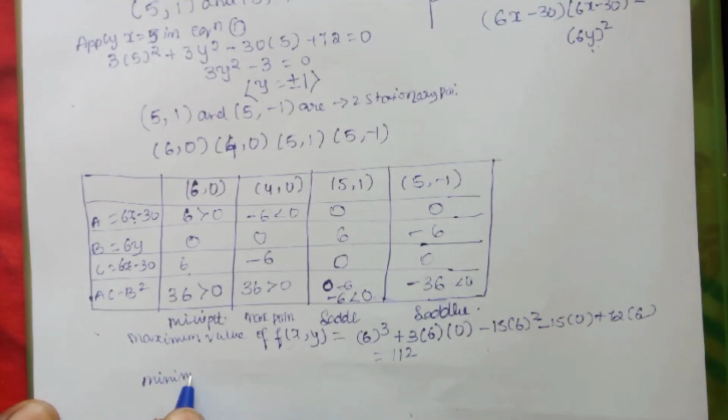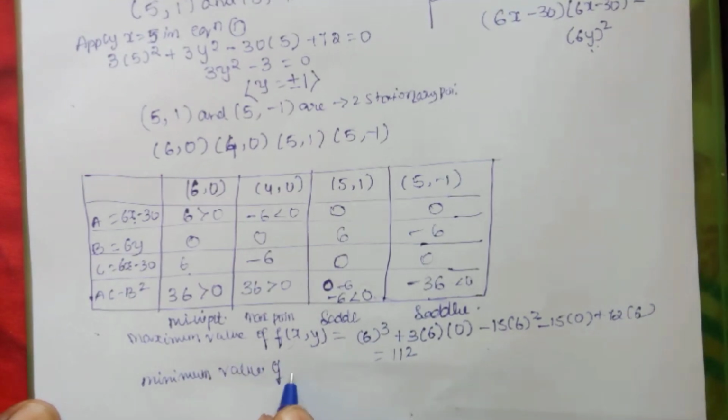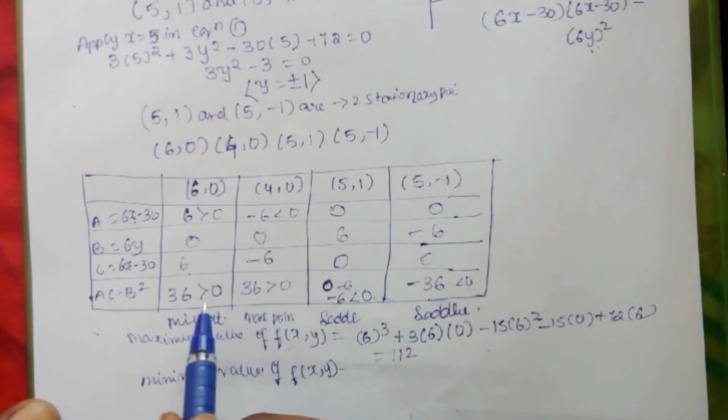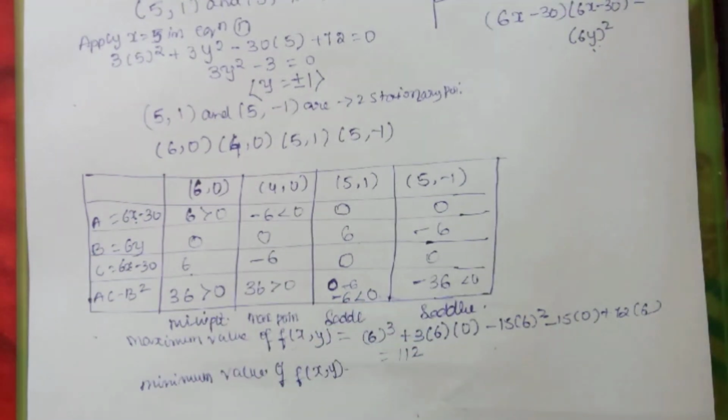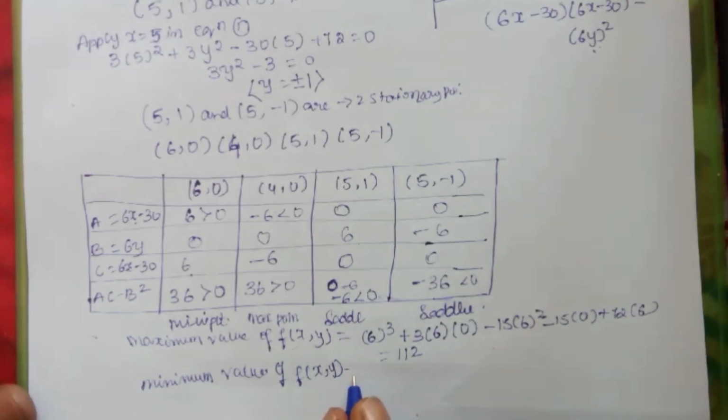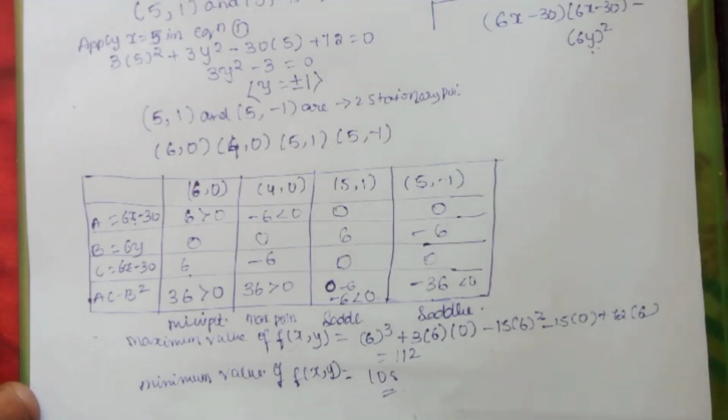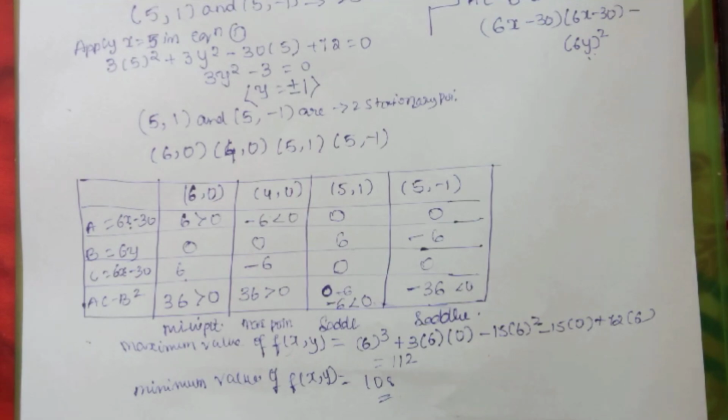Minimum value of f: at the minimum point (6, 0), we get 108.